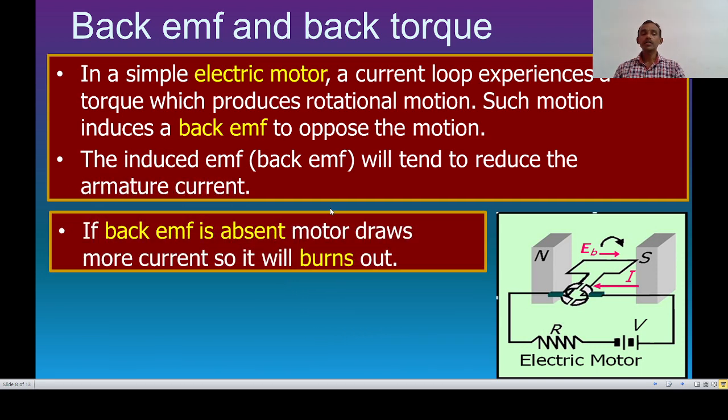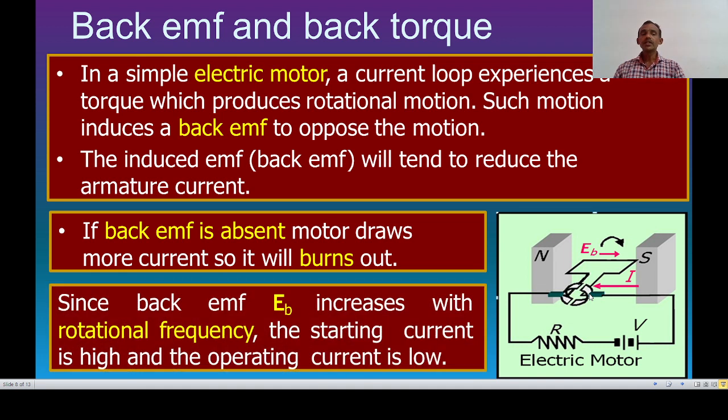Now, if the back EMF is absent, the motor draws more current, so it will burn out. Initially, at the starting point of this motor, there is no motion, therefore no back EMF is produced.